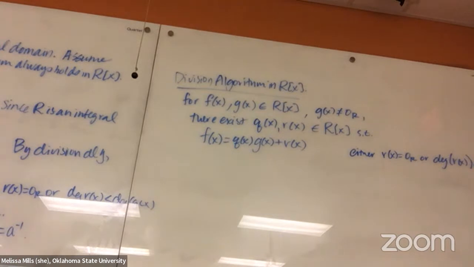I guess maybe we haven't quite figured out how to say Q of X is a constant polynomial. We maybe need to say that, right?